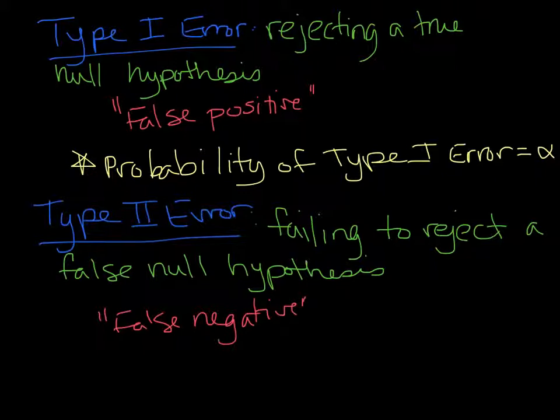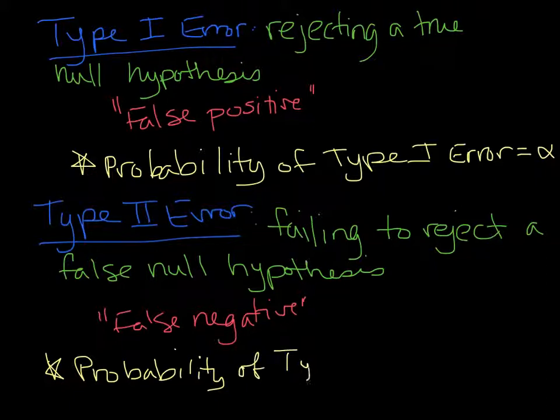So, unfortunately, the probability for this one is not as straightforward. We do have a nice symbol for it, but the symbol is not very easy to calculate. So, the probability of a type 2 error is what we call beta. So this is the Greek letter beta. It's like a Greek B.